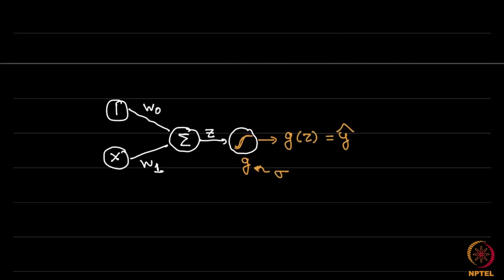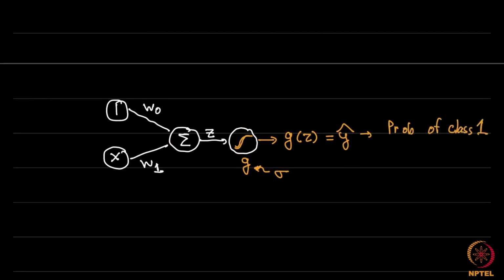So look at the pipeline. X comes in, let's say the power. You multiply this by some weight, multiply 1 by some weight, add the two, get a value, run it through the sigmoid function, and here you get the probability of class 1, whatever class 1 is.